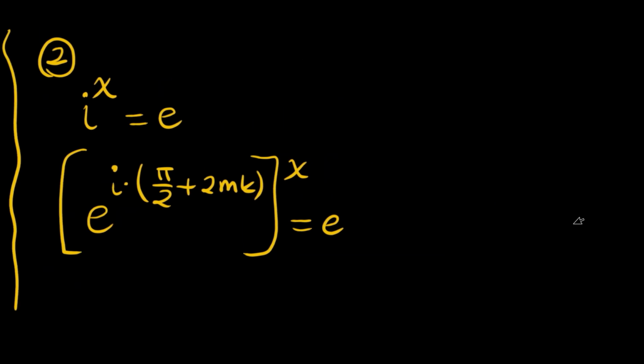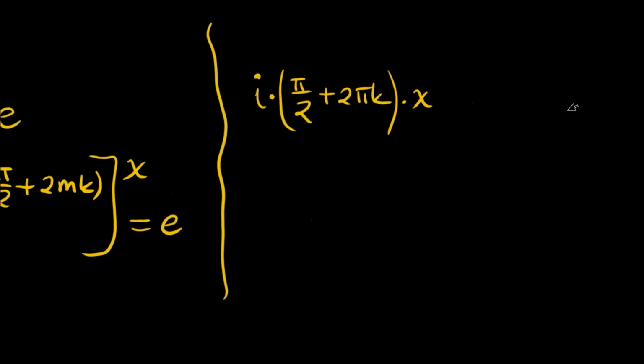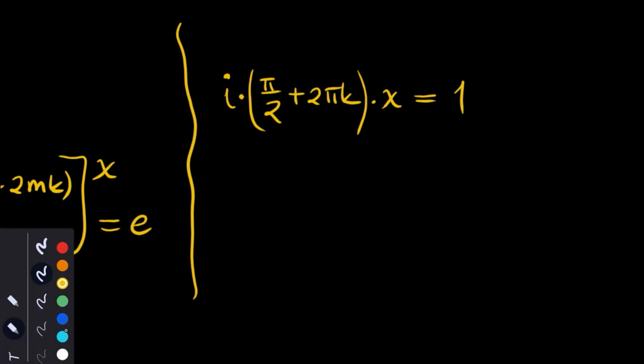So again, the powers will be equal to each other, and we can multiply this power. We will have i times pi over 2 plus 2 pi k times x, and this is equal to 1 now, since we have e to the first power on our right hand side.